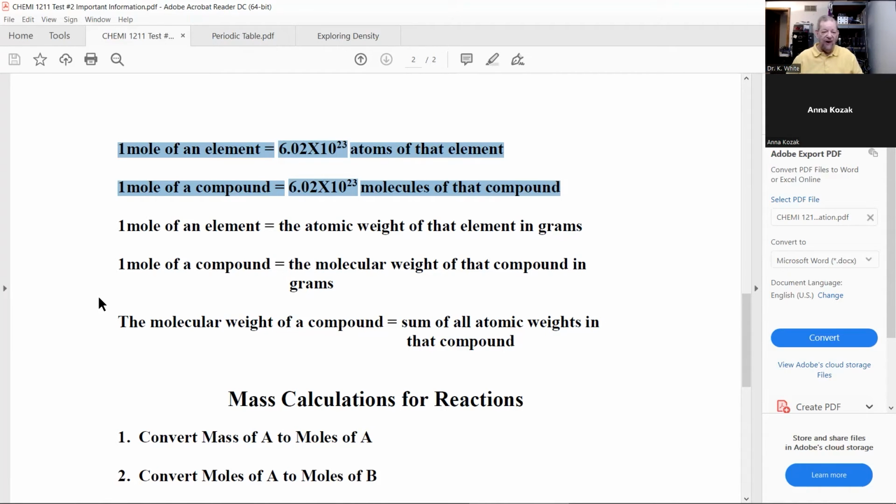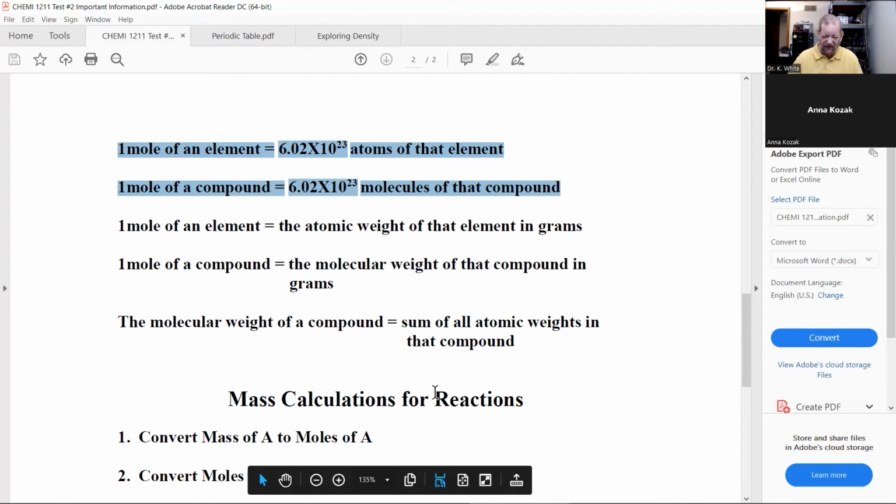You also either have to know what I have in blue, or you can find that in the important information. But you do need to know 6.02 times 10 to the 23rd is called Avogadro's number. This is one of the most important things in chemistry, the concept of a mole.